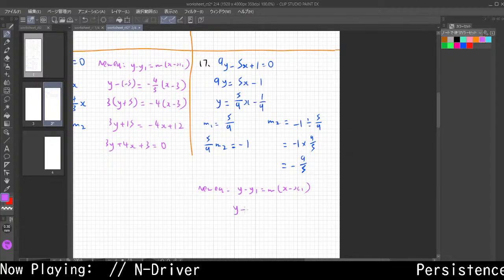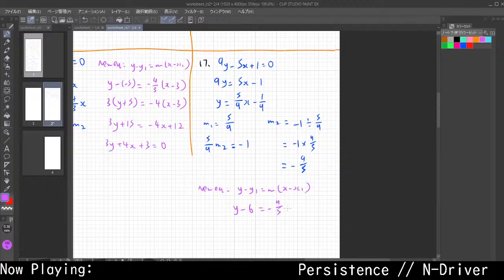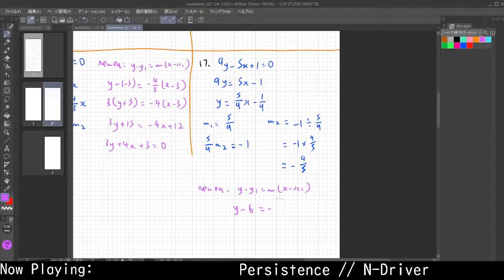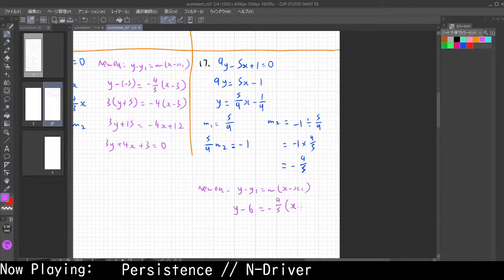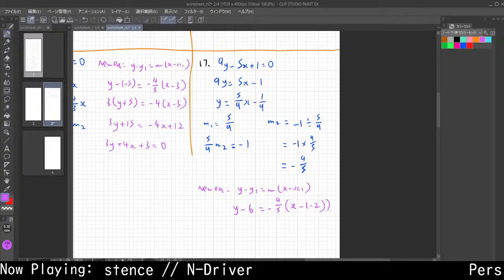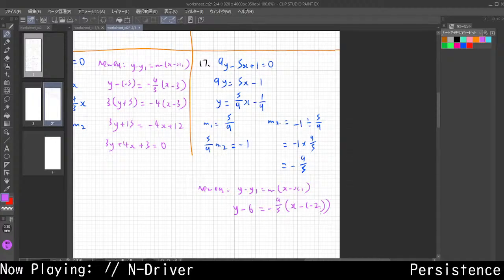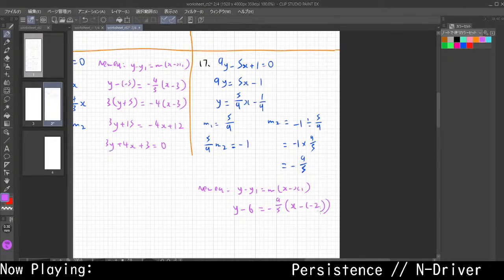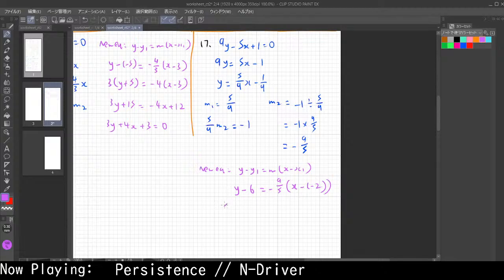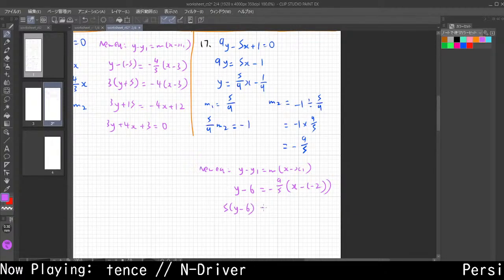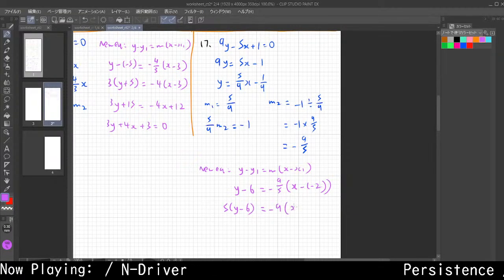Okay. Passing through the point, use (2, 6). Please remember to use the new coordinate if you are going through perpendicular. If you use the old coordinate, you are finding a line that is parallel to the old line. You want to find a line that is perpendicular to the new line, so please use the new coordinate.